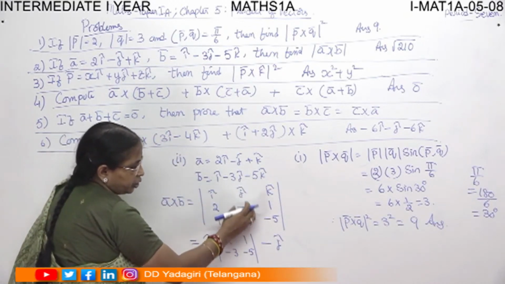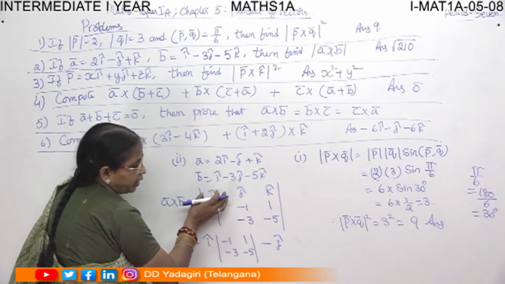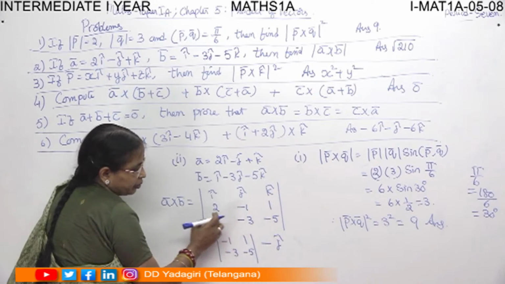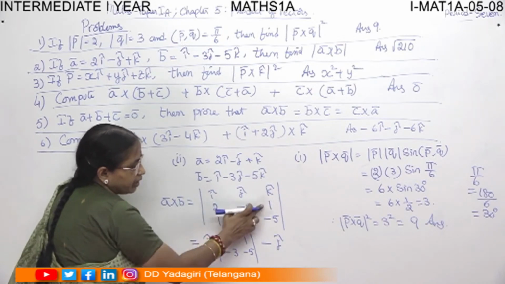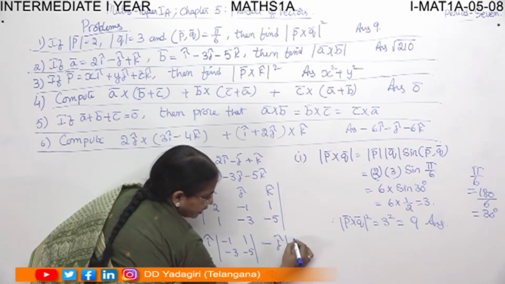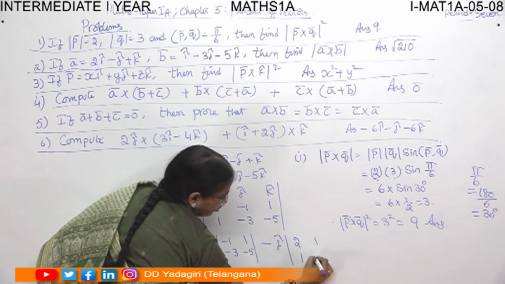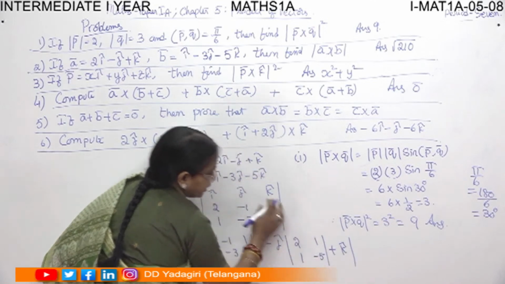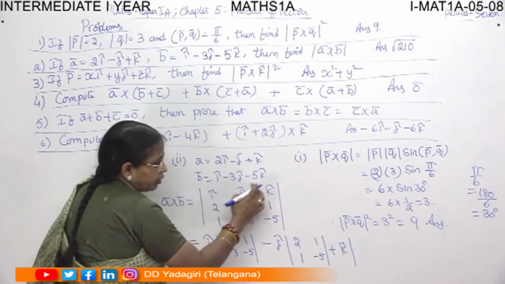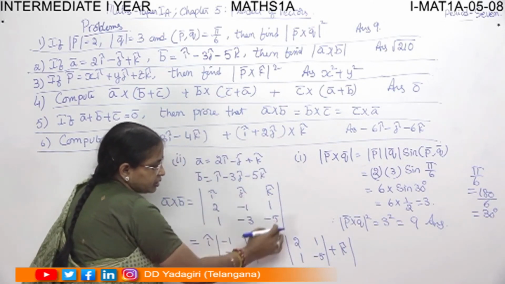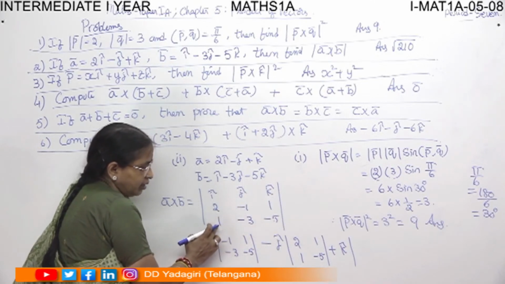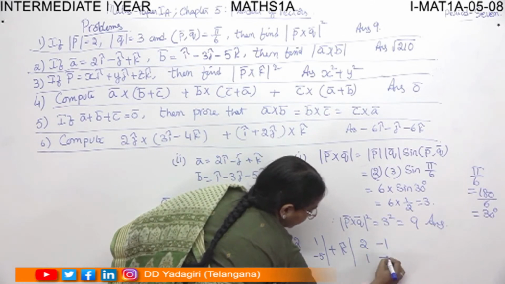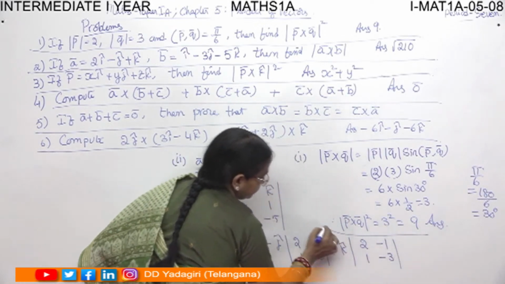So minus j into, delete the column and row containing j. So I will have 2, 1, 1, minus 5. I'll write 2, 1, 1, minus 5. And then plus k into. For third one, it is k. So delete the row and column containing k. Then what is left? 2 minus 1, 1 minus 3. So I'll write 2 minus 1, 1 minus 3 like this.